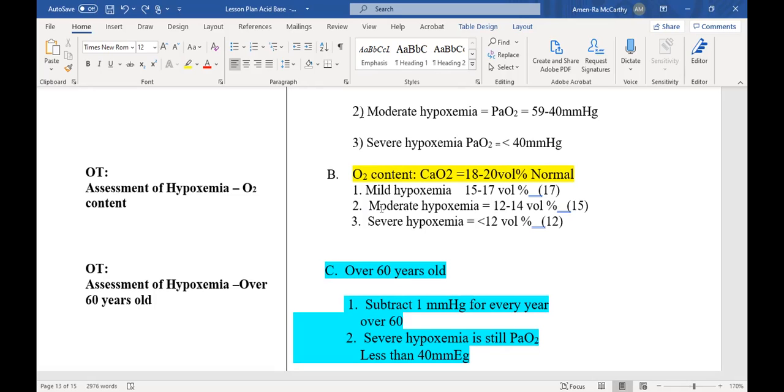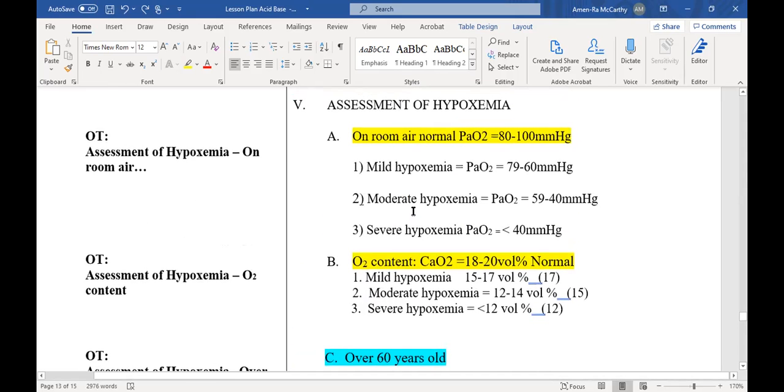What if I put him on oxygen and his O2 content is 32? Overcorrected. Too much. Cut it down because it can damage him. Okay. Too much oxygen can cause oxygen toxicity. All right. And all these other things. So that's that. All right. So I just want to make sure you guys understood that.